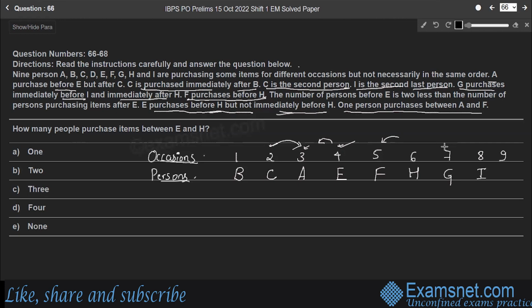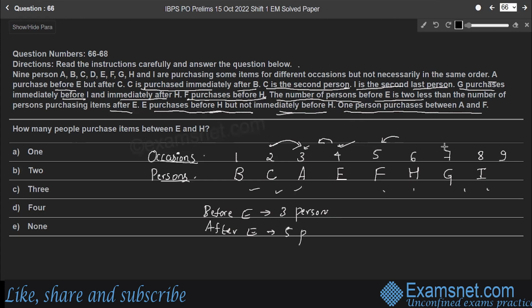And the next point is, the number of persons before E is 2 less than the number of persons purchasing items after E. So there are 3 persons before E, B, C and A. And the persons after E are F, H, G, I and the 9th person.